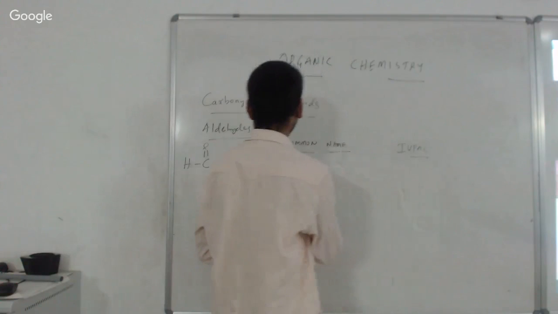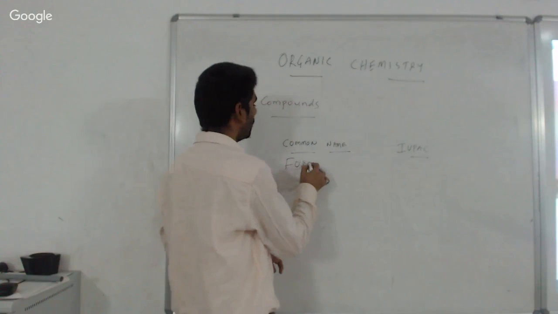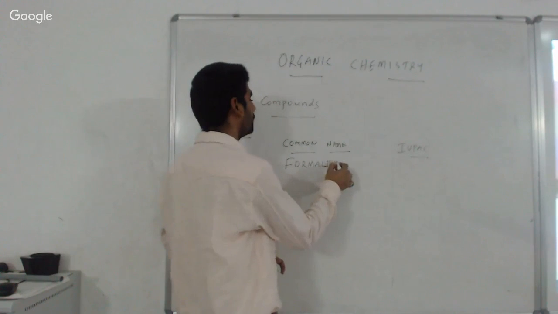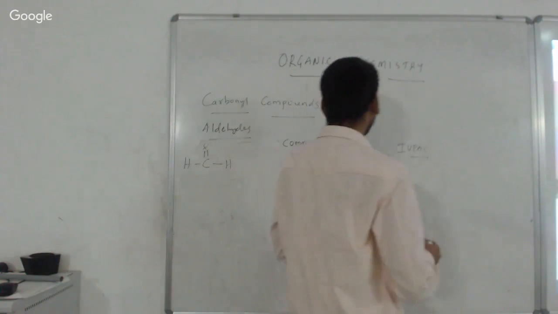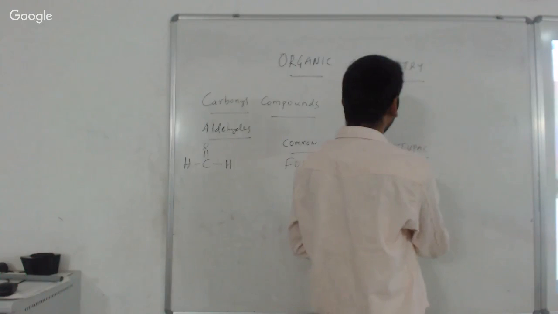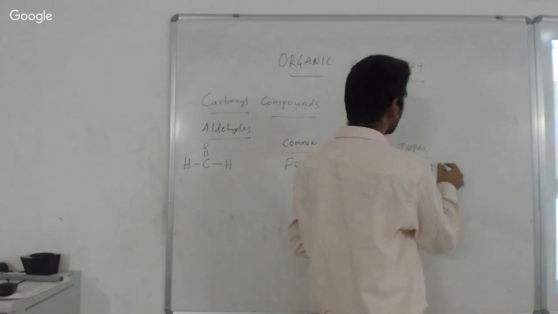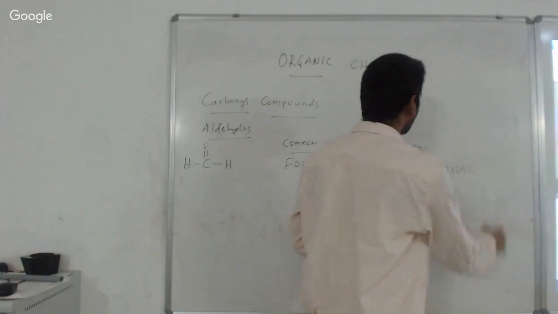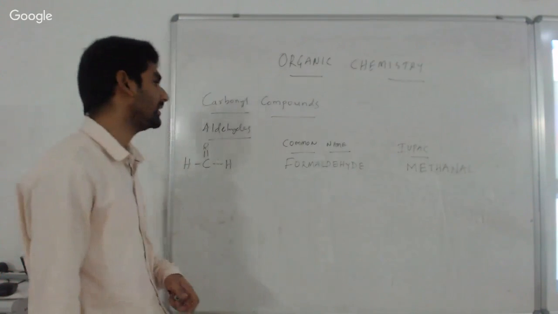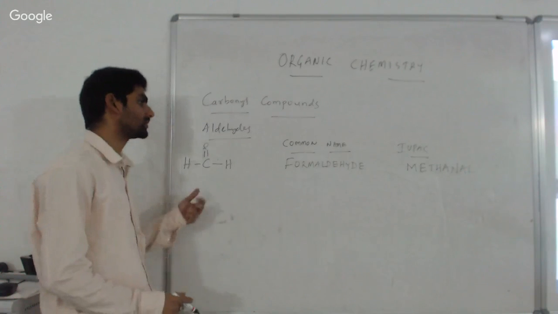The IUPAC name for this is methanal. Here one carbon is there, that's why meth is the root word, and al is the suffix. So methanal is the IUPAC name of this compound.